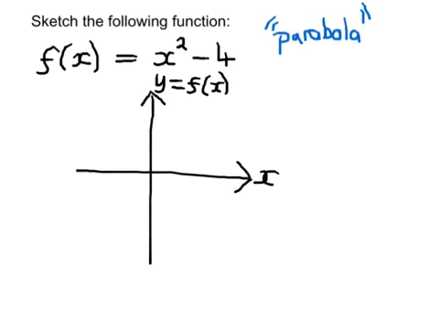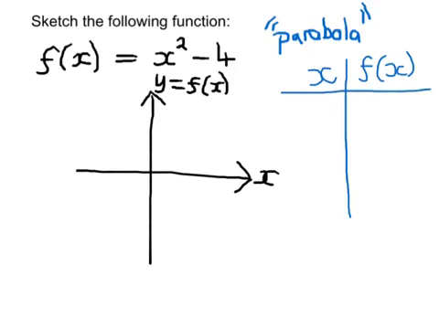Okay, and then the next thing we're going to do is create a very simple table, and I'm going to refer to this now as f of x just to get into the habit. And we're going to pick, not completely at random, a sample of the domain. So just in terms of getting on both sides of the axes, I'm going to start at -2 and do -1, 0, and then go onto the other side, the positive side of the x-axis.